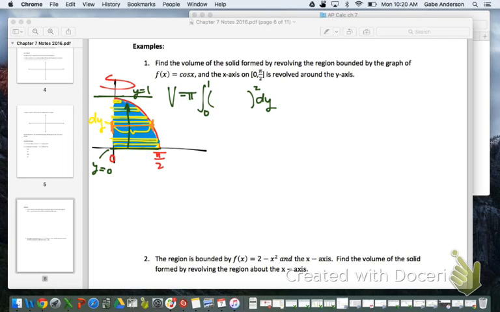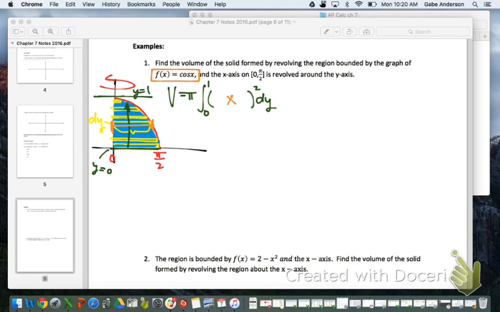So if I wanted to, I could throw an x in right there, and in a very elementary sense, that's correct. But the problem that I have is that all of my variables, including the limits of integration, have to be in terms of y, and that x obviously is not a y. So I need to replace the x with something that only has y's in it. And the way I'm going to do that is I'm going to use this y equals cosine of x.